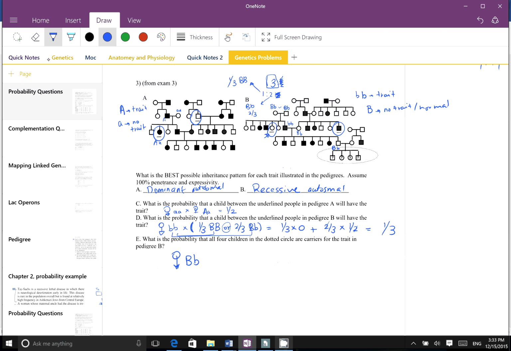The mother, though, on the other hand, if I look at her parents, both of them are heterozygote for the trait, because both of them look normal, but then when the trait appeared in her brother, which means the brother got a small b from mom and a small b from dad, so that's why they're heterozygote for the trait. And so we did the calculations earlier. The daughter has 1/3 chance of being homozygote for the normal trait, or 2/3 probability of being a carrier.